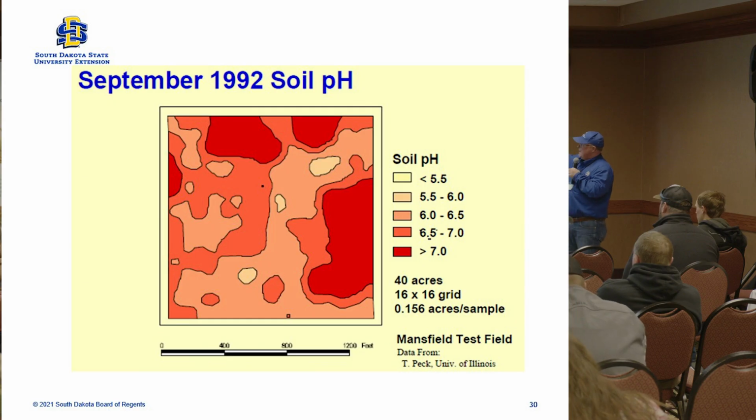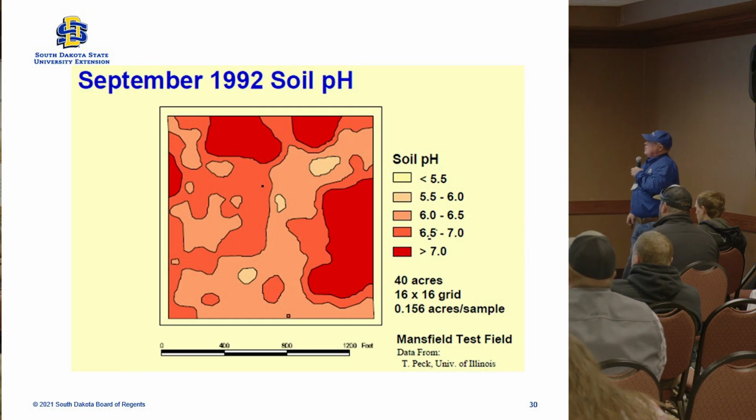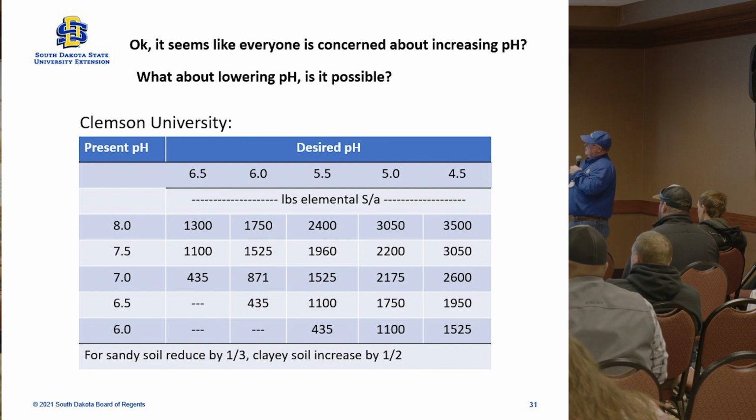Because if you put lime on a high pH soil, you can't reverse it. You just can't reverse it. And I know that it's been done because I've talked to the folks that did that. So don't go there. So then the result here is, look what happened to that low pH area. It worked.